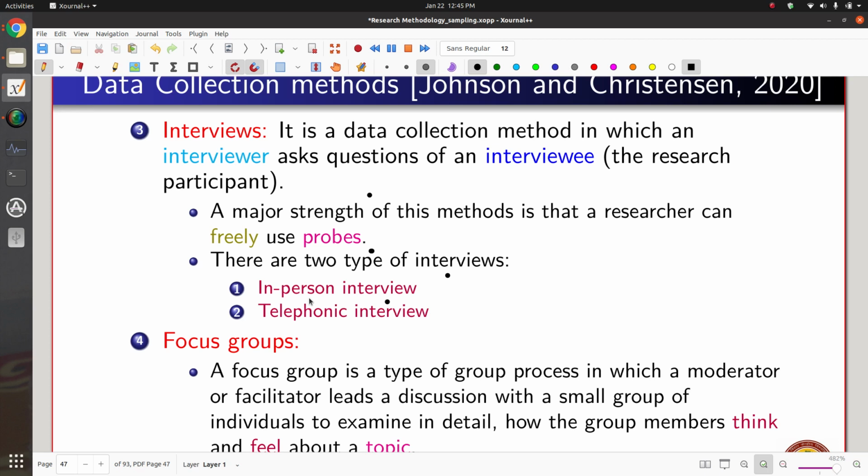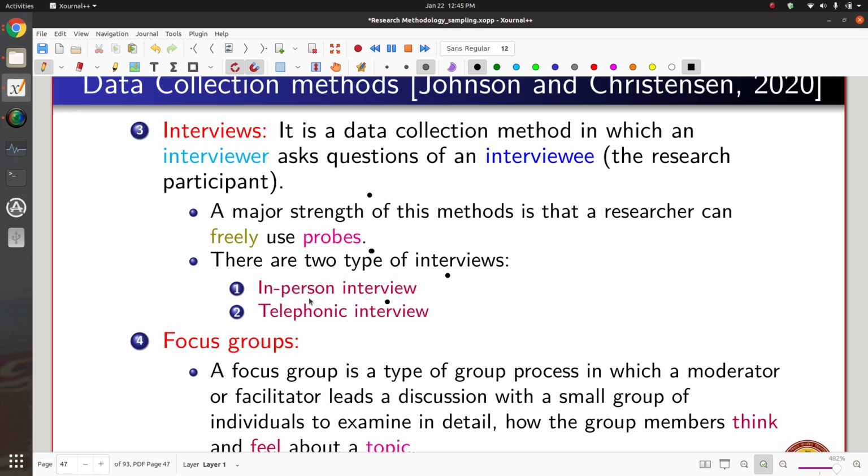Whatever view comes out in your focus group may not be of generalized or universal nature actually. Okay, so that's why it is always a good thing that you have 4 to 5 focus groups or more than that, depending on your research problem and the kind of significance you want to achieve, you can work with multiple focus groups.